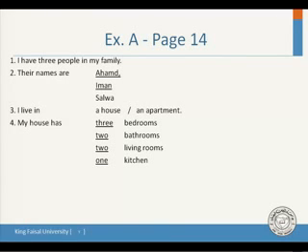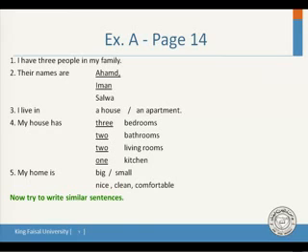My house has 2 living rooms, or 1 living room. My house has 1 kitchen. You see, we have some singular nouns like kitchen. We have plural nouns like bedrooms, 1 bedroom, 2 bedrooms, 3 bedrooms, etc.